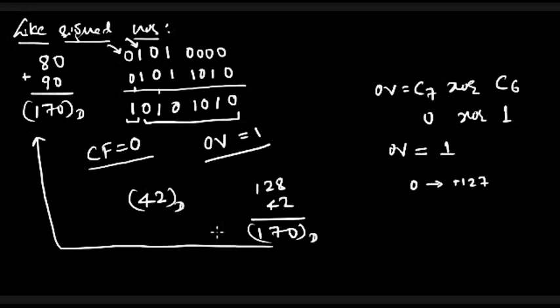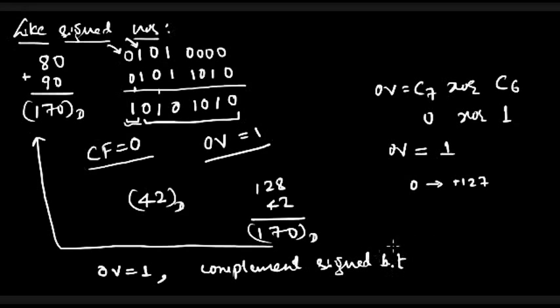So what our program should do is, there is no point of this signed bit. So our program should complement the signed bit and then we'll get the right answer. So here what we can conclude is, whenever overflow flag is set to 1, our program should complement the signed bit.